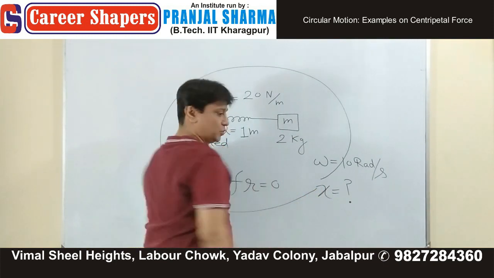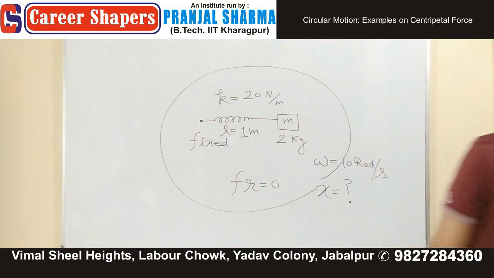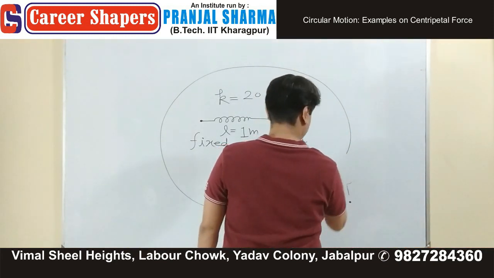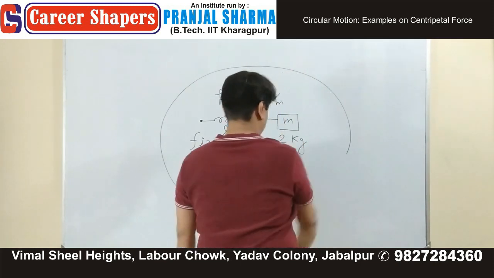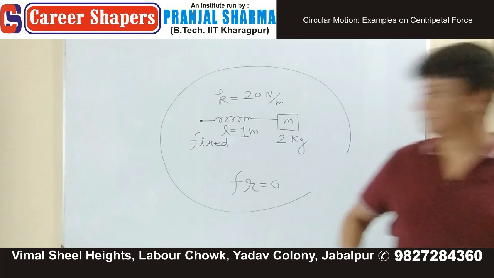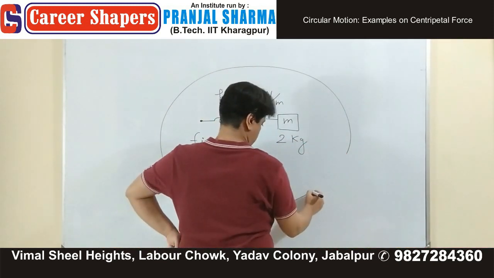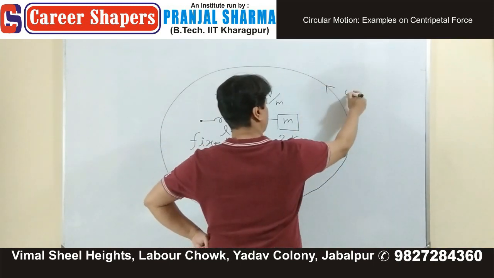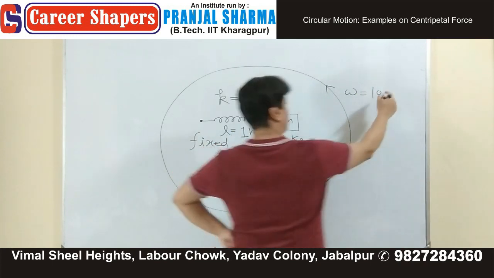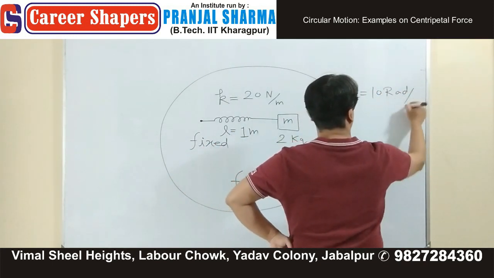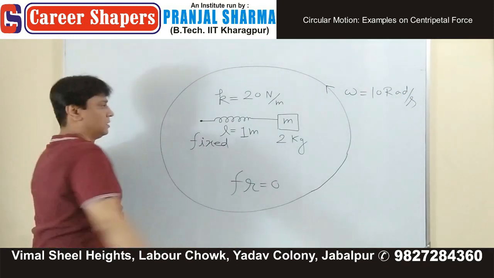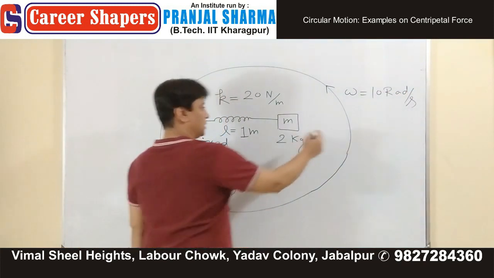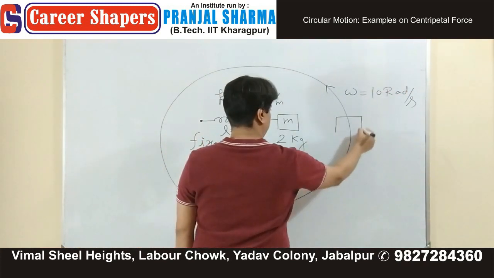So this is the circle which it forms. That's your natural length. Because of rotation, object takes this position.